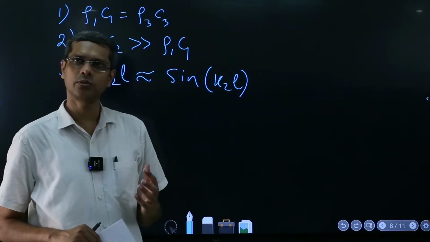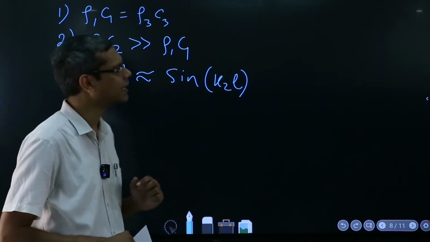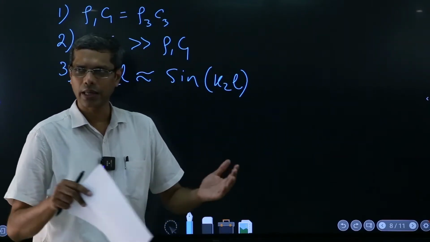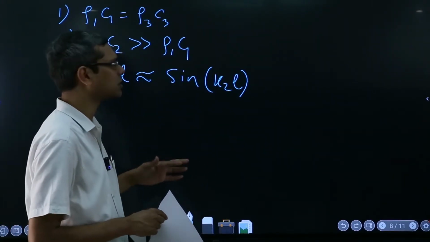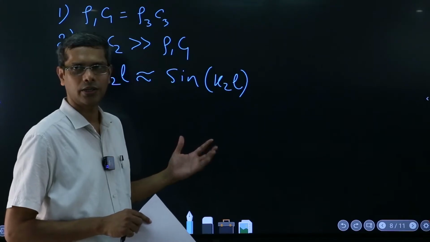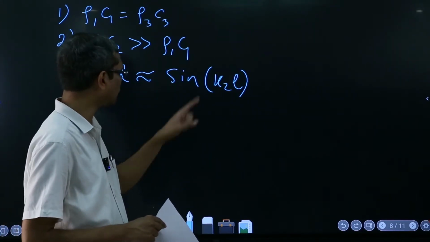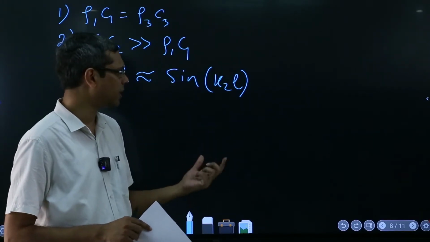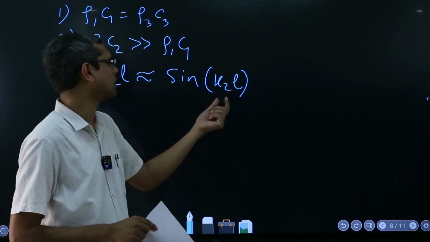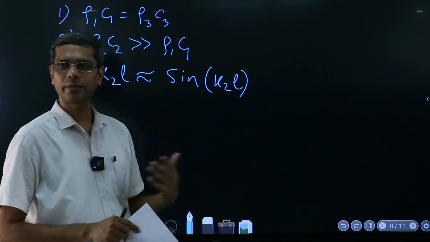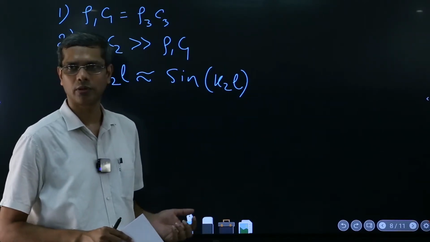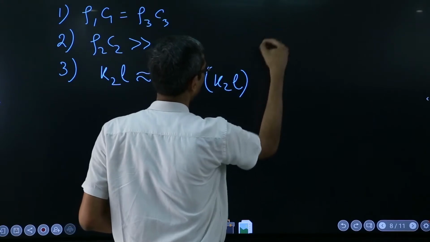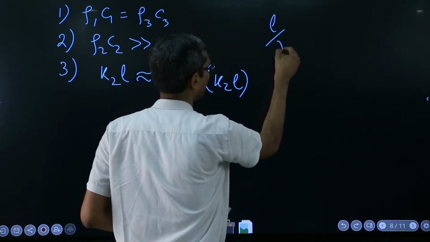Now whenever you say words like small, big, far, near, in the context of sound or light, you should also mention one of them, otherwise it doesn't mean anything, because your small and big will be decided based on what frequency you are talking about. Because here this K2L basically is L over lambda, right?